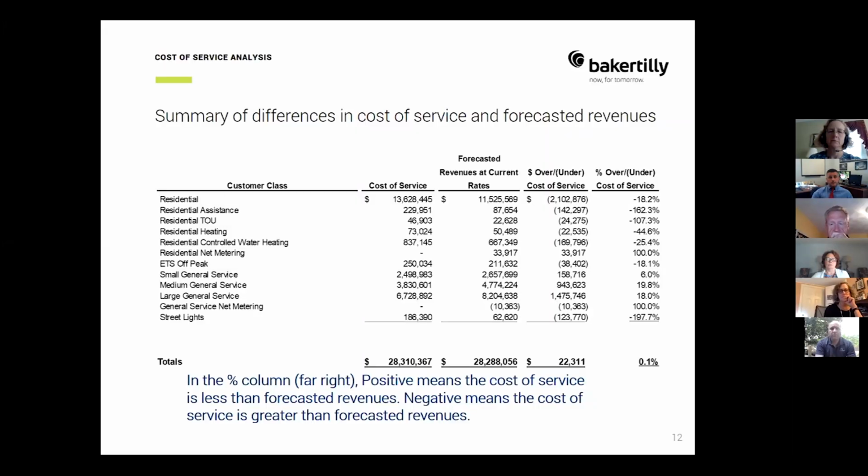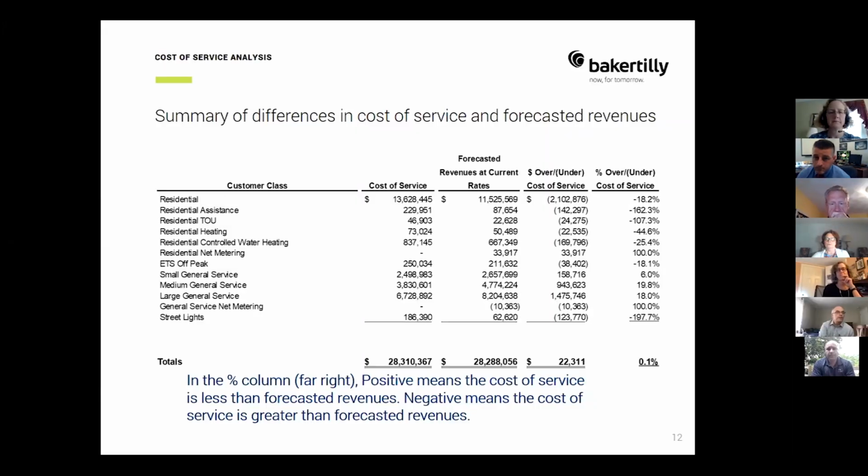First of all, I'll just make the comment to the committee that I'm amazed at how large the residential assistance cost is. Yet it's still a relatively small percentage of, say, the residential cost of service, if you're comparing 13,000 to 200.